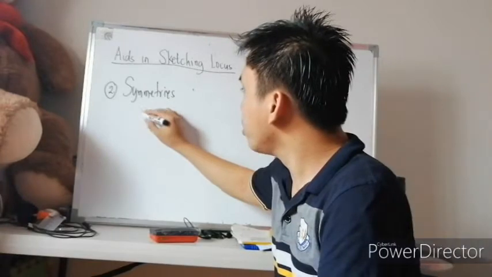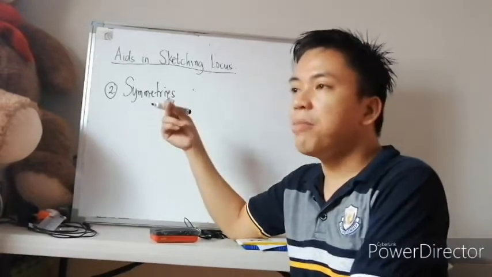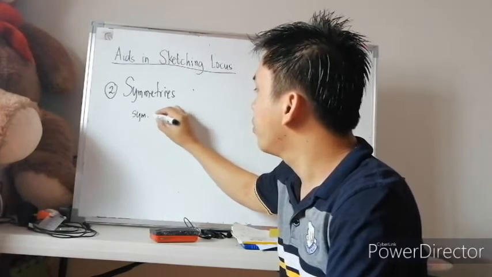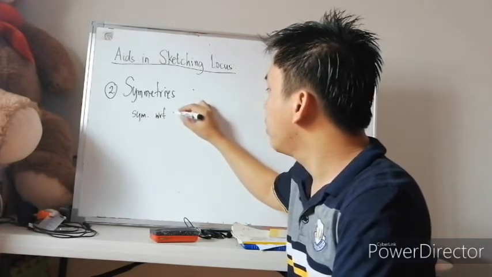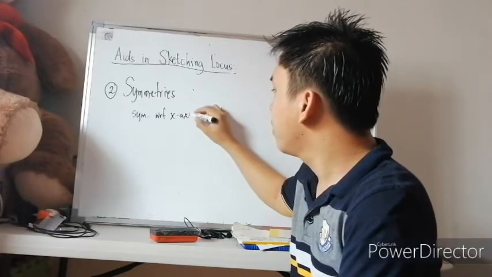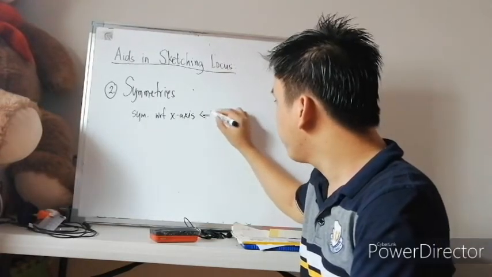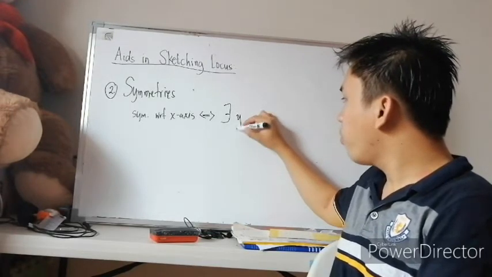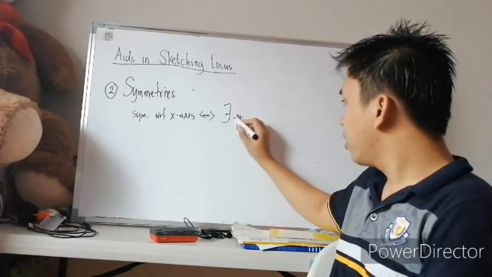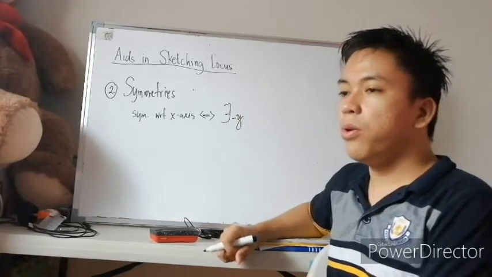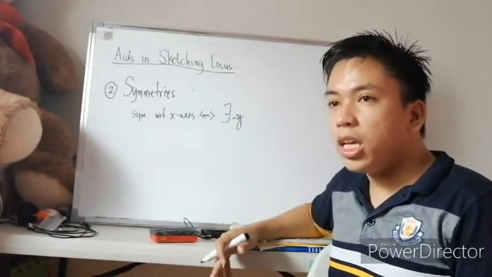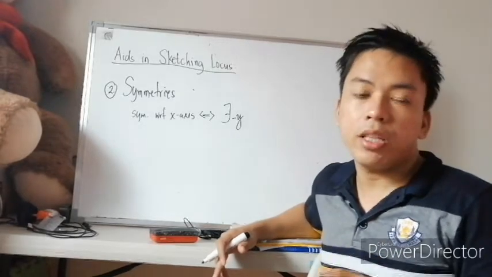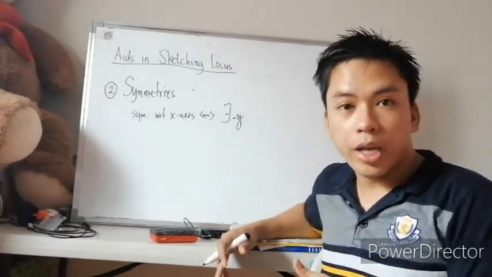Let's start with the first: a graph is symmetric with respect to the x-axis if and only if there exists an additive inverse of y. If you have a point (x, y) on the original graph, you should be able to find the point (x, -y) on the same graph.